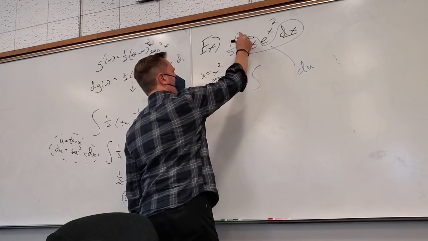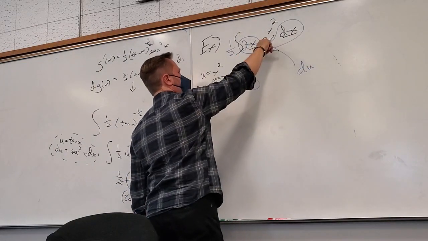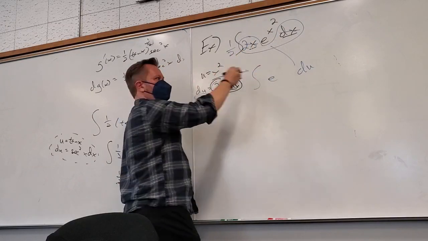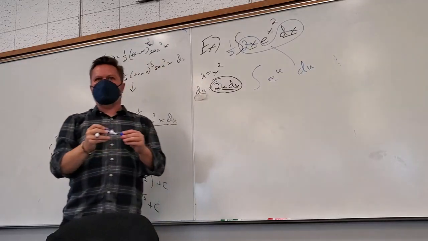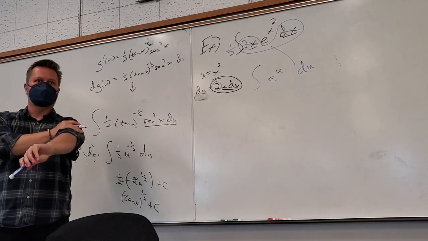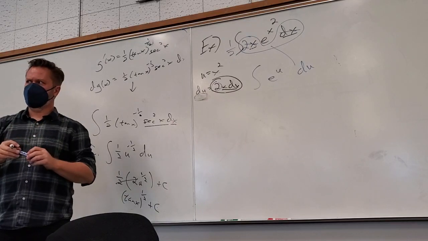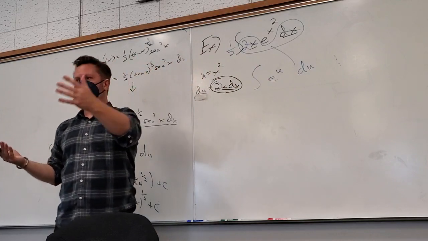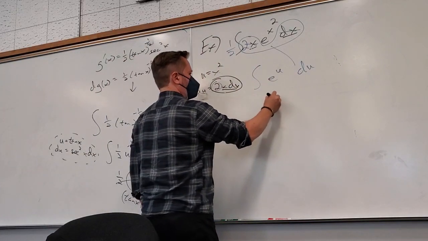These are all gone now, right? I've replaced it with du. What is this? e to the u. What's the only variable in that integral? u. That means I could do it. I like it. And what's the integral of e to the u? e to the u.